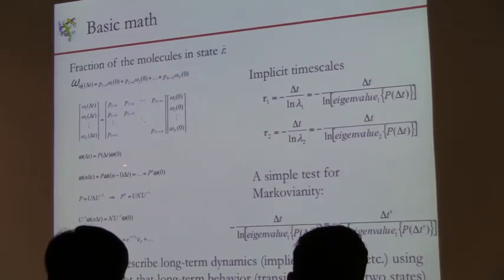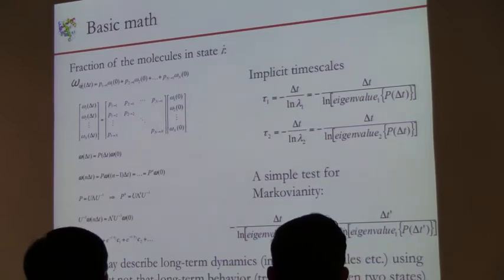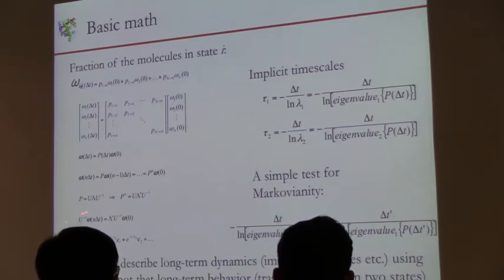Then in the basis of eigenvectors, this equation can be rewritten as: the corresponding mode at moment t, which equals n delta t, equals a diagonal matrix times the value of that vector at the initial moment in time.